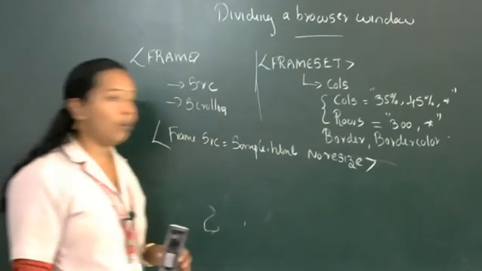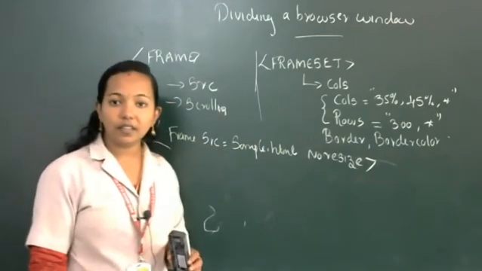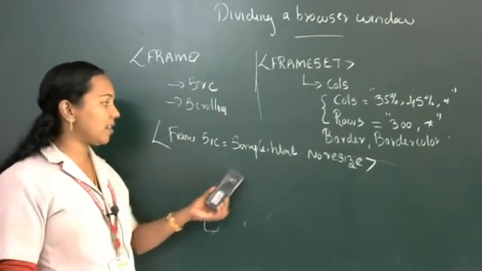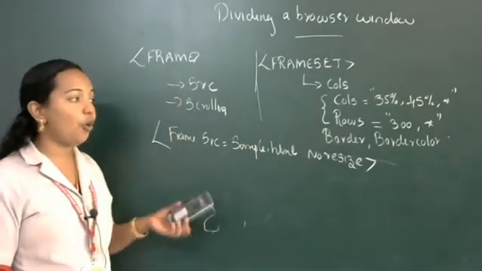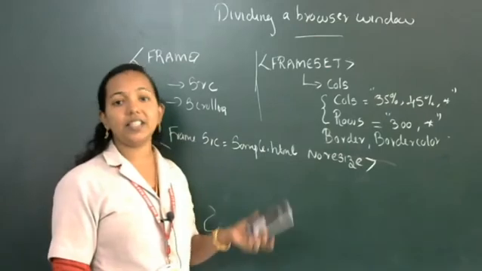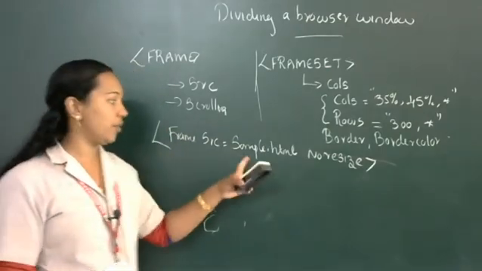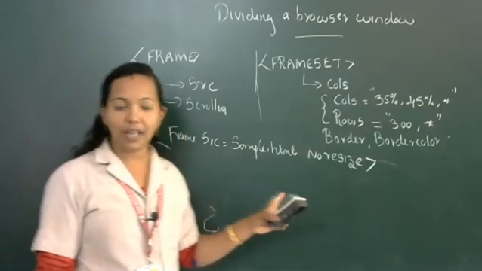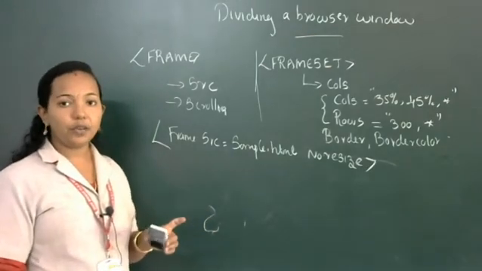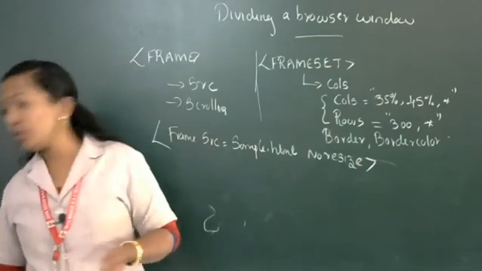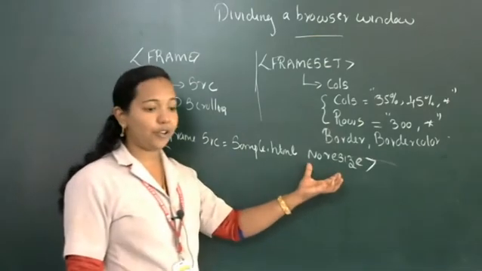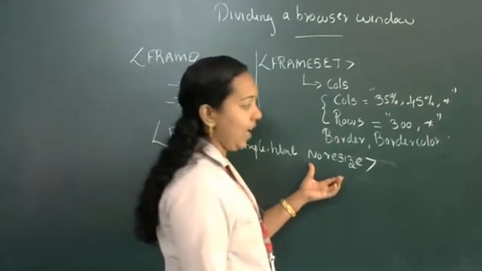When we write noresize, what will happen? Nobody can resize that particular web page, sample.html, in the frame window. To not change the border, we are using the attribute called noresize attribute.